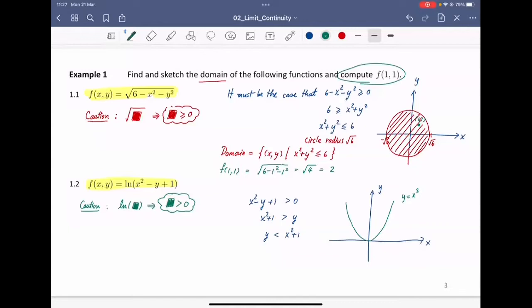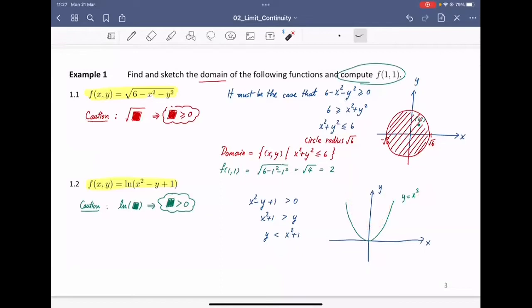You shift the graph. Before, when x equals 0, y equals 0. If you add 1, then when x equals 0, you get y equal to 1. So you shift the graph up 1 unit.